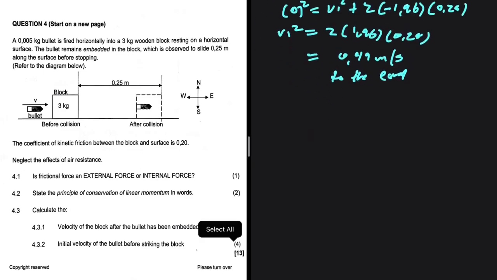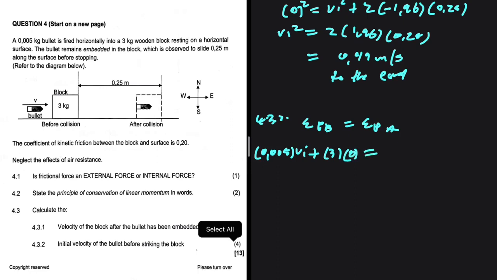Let's move to 4.3.2, the initial velocity of the bullet before striking the block. Before striking, there is no frictional force because we are told that we can neglect the effects of air resistance. So the sum of the momentum before will equal the sum of the momentum after. For the bullet, we have a mass of 0.005 and an initial velocity we are interested in. For the block, we have a mass of 3 kg and an initial velocity of 0 because it was at rest.